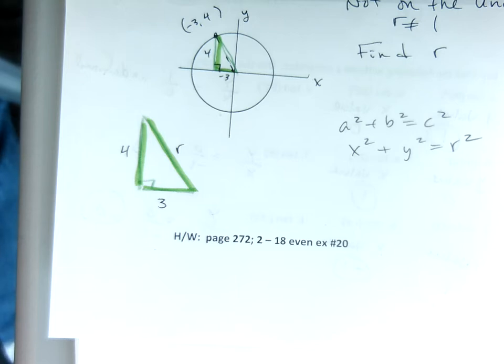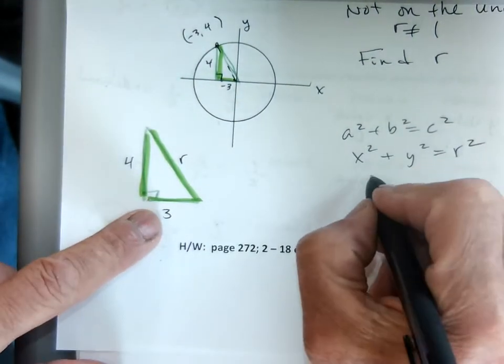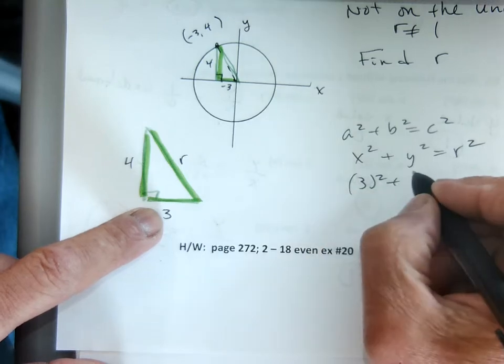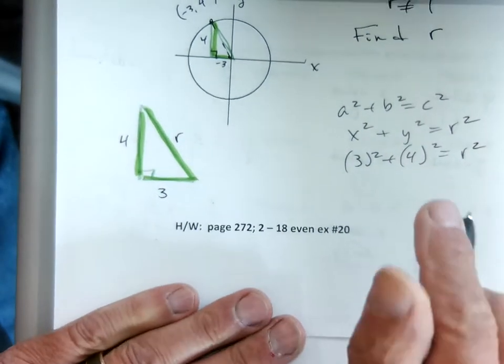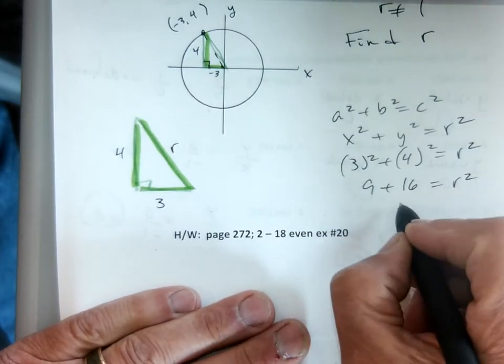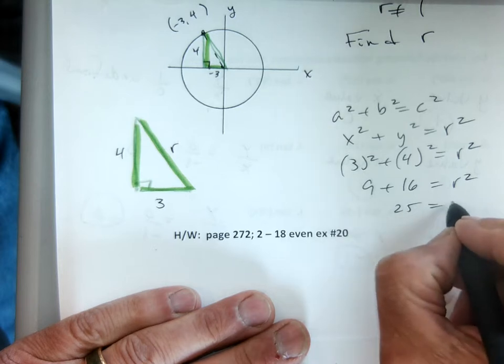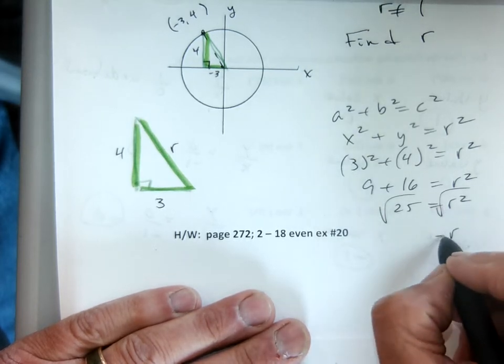So 3 squared plus 4 squared equals r squared. 9 plus 16 equals r squared. 25 equals r squared. Square root, r equals 5.